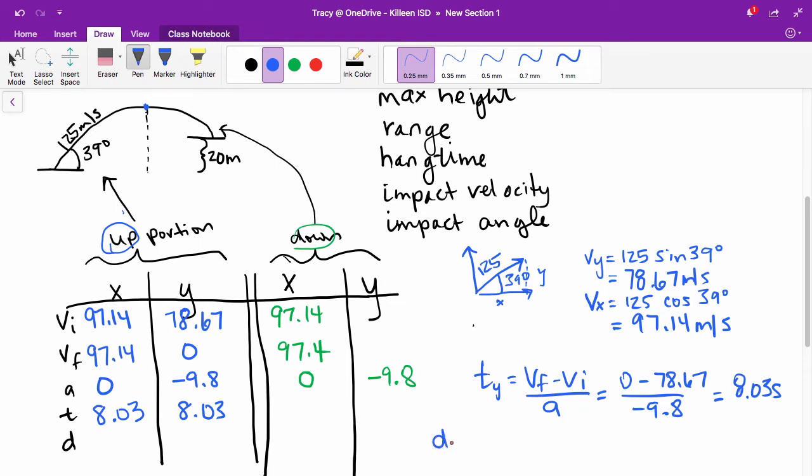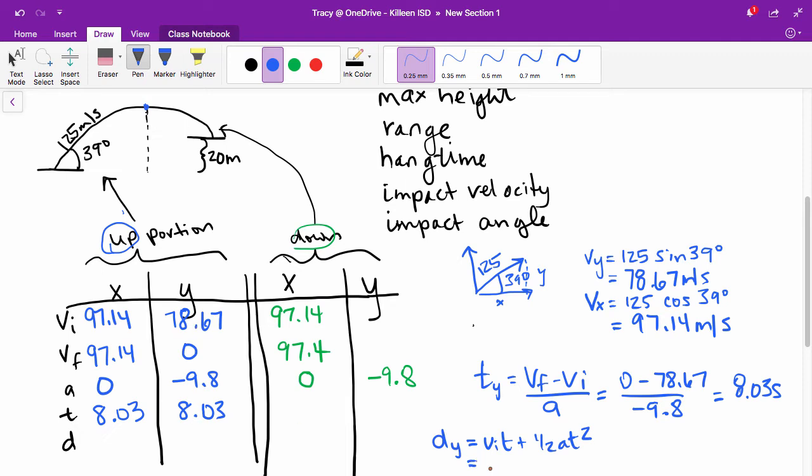So we'll go ahead and solve for both the y and the x displacement. For displacement on the y, that is Vit plus 1/2 at squared. No part of this goes to 0.